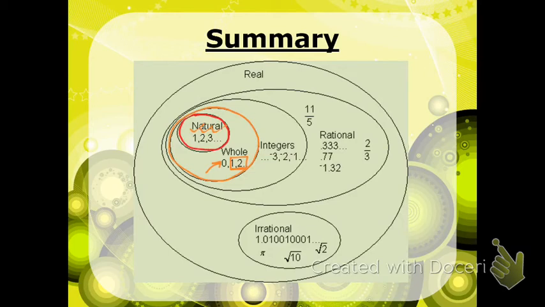And then integers, that includes all of the natural numbers, it includes all of the whole numbers, but now it also adds in the negatives, or the opposites of the natural numbers. So -1, -2, -3. So that's even a larger set.